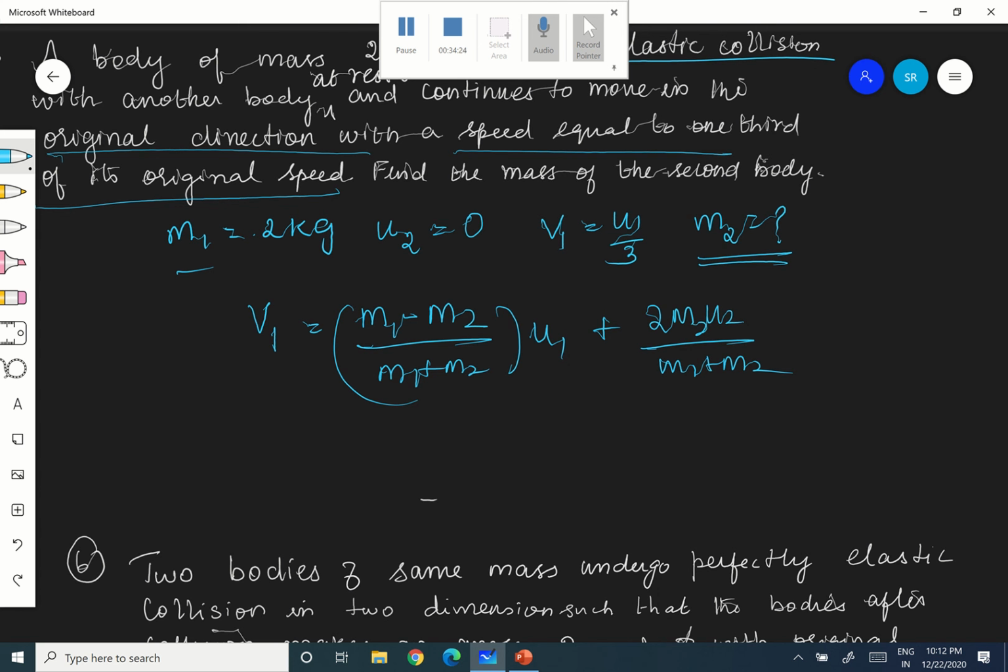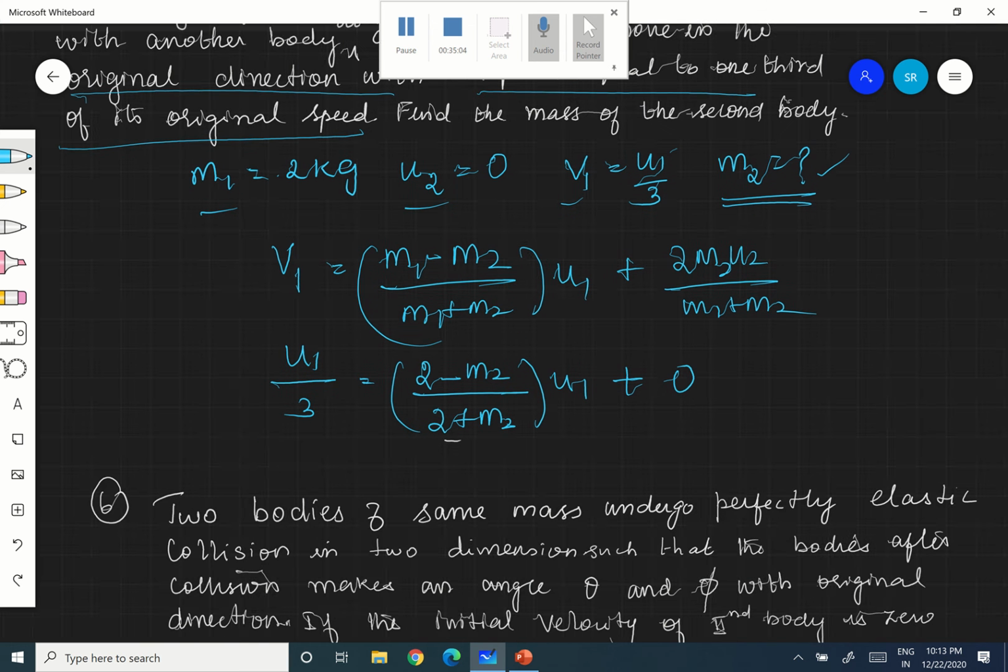M1 is given, U2 is given, and V1 is equal to U1 by 3. Therefore, now you substitute. In the place of V1 you put U1 by 3, which is equal to (M1 minus M2), that is (2 minus M2), divided by (2 plus M2), into U1, plus 2M2 U2, which is 0 because U2 is 0.